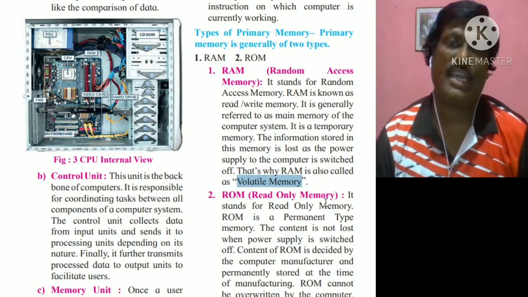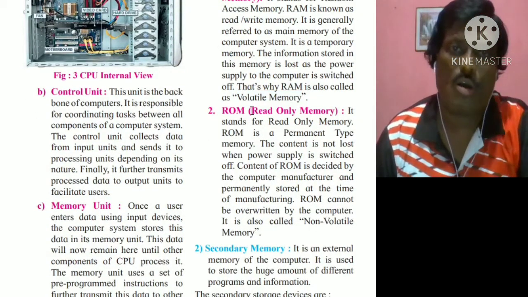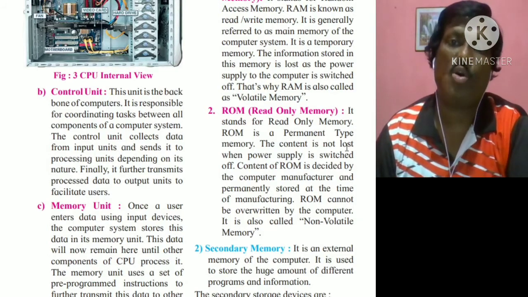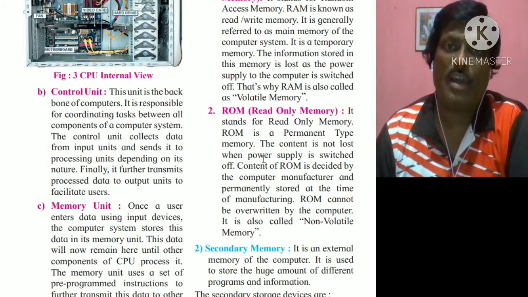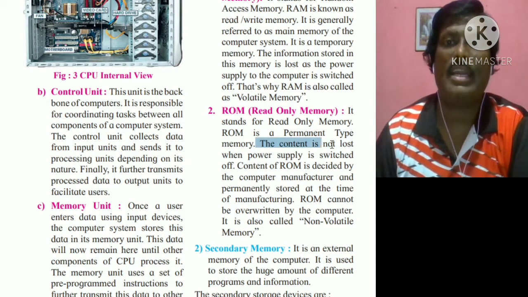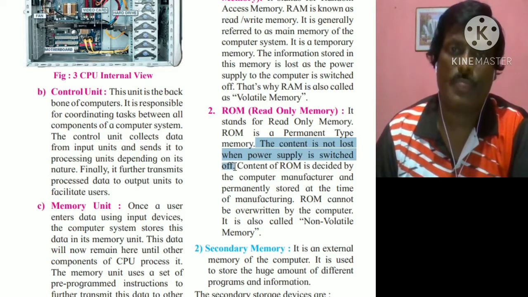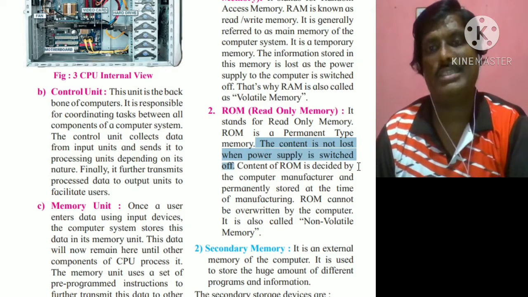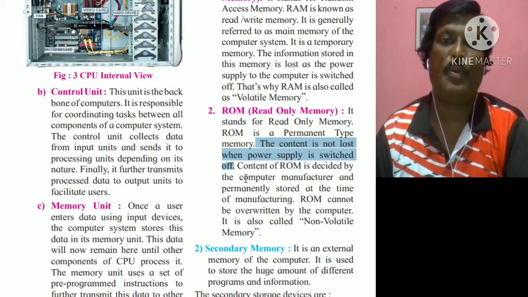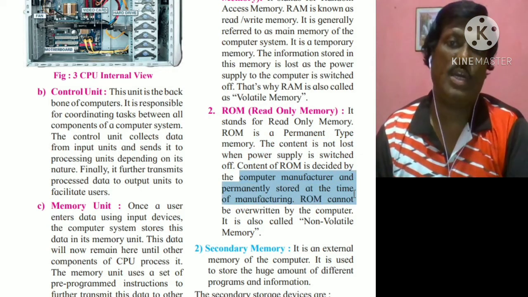Then second type, read only memory. ROM stands for read only memory. Read only memory is a permanent type of memory. The content is not lost when power supply is switched off. Content of ROM is decided by the computer manufacturers and permanently stored at the time of manufacturing.